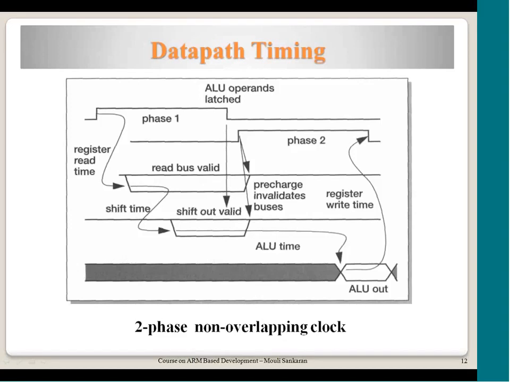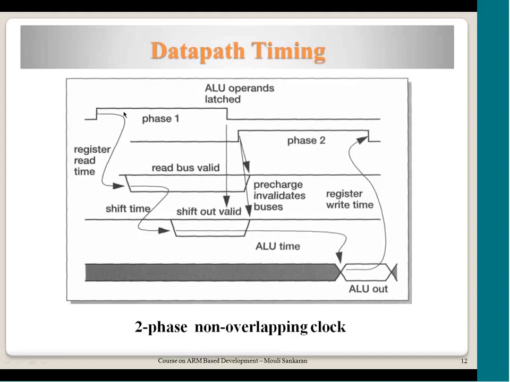During this time the ALU is open to receive the operands coming from the register file. One operand is directly connected from the register file to the ALU, so it is available, whereas the next operand could go through the barrel shifter and might come with a little bit of delay. So the ALU will wait for this particular time for both the operands to be latched.